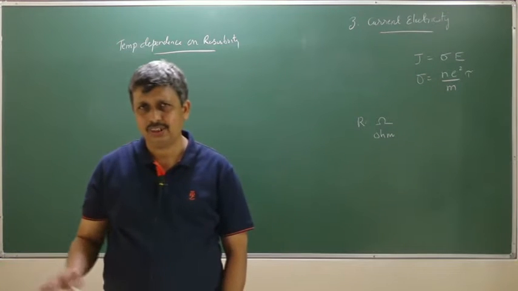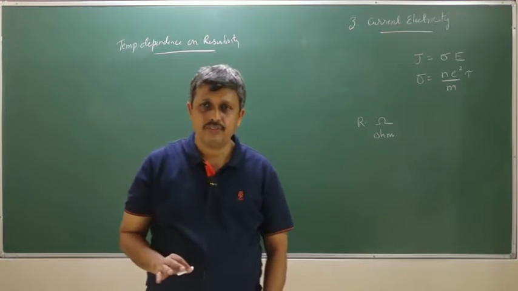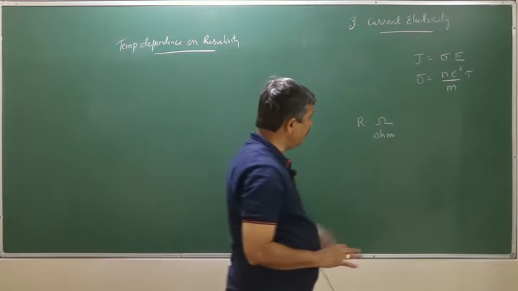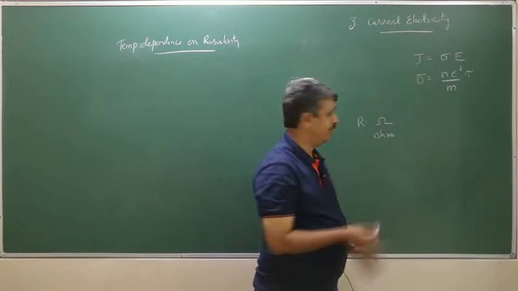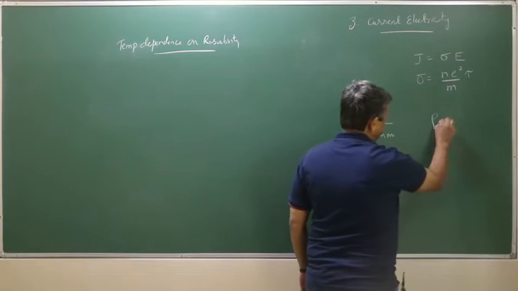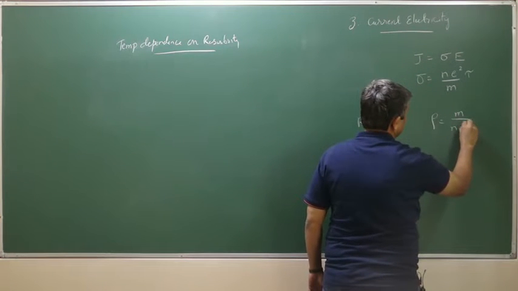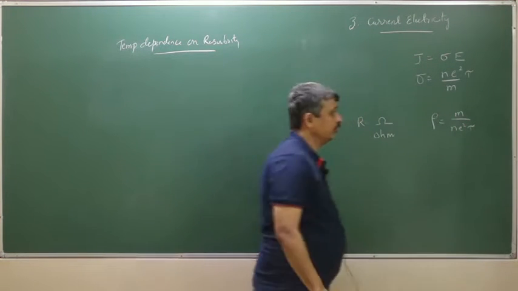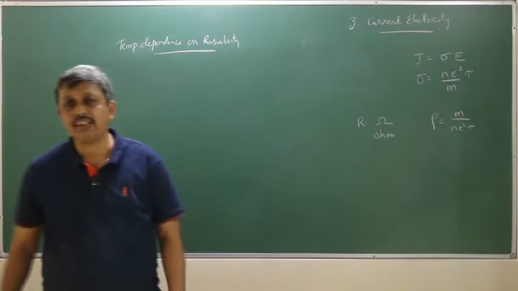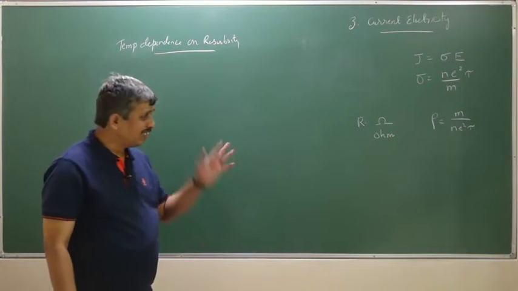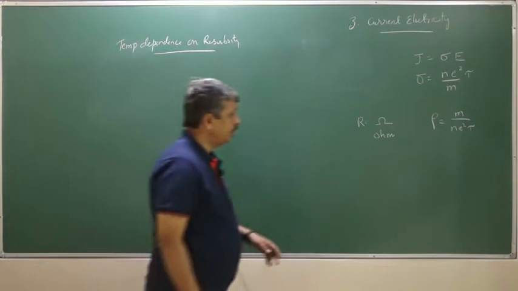Why so? Let's think about it a little bit. We have this conductivity formula. Now let me write the resistivity formula, which is just the reciprocal of this. When the temperature increases, what are the things it depends on?